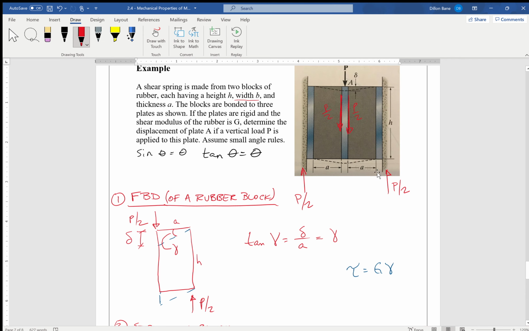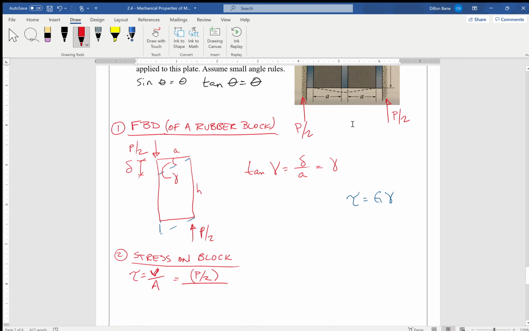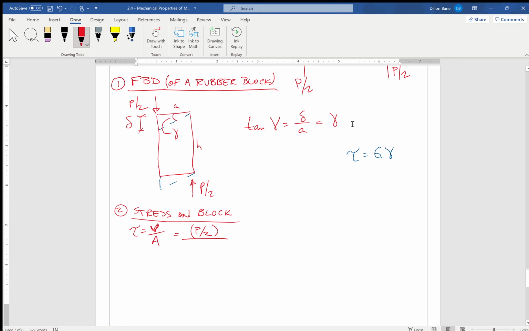But it's not going to be the area AH. It's going to be the area HB, if that makes sense. We got to look at this in kind of a 3-dimension sense. So this P over 2 force acts over an area of BH. All right. So let's just condense that equation down, and that becomes P over 2BH.